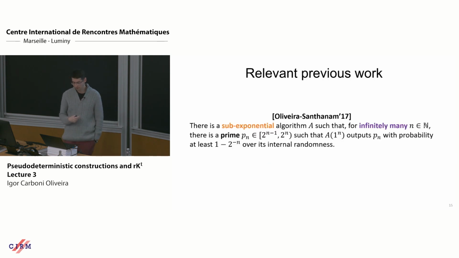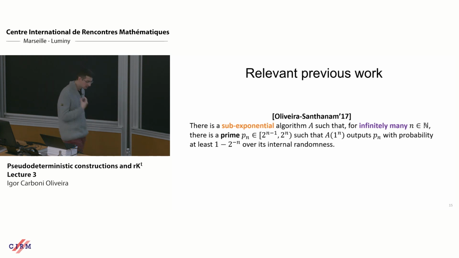Before that, I'm going to present a result from last year, but the most relevant previous result was one obtained in 2017, where we proved the existence of a subexponential time procedure that, given n, will generate a canonical n-bit prime with high probability, and it succeeds on infinitely many input lengths.